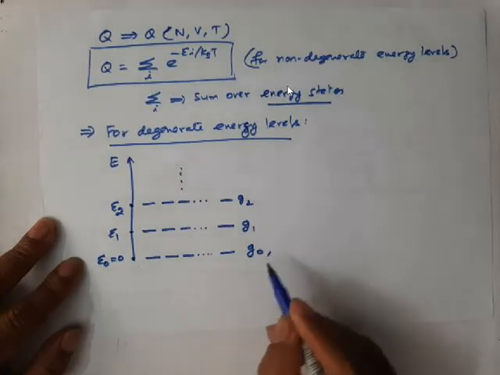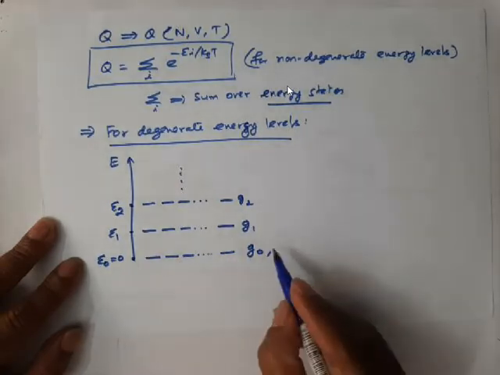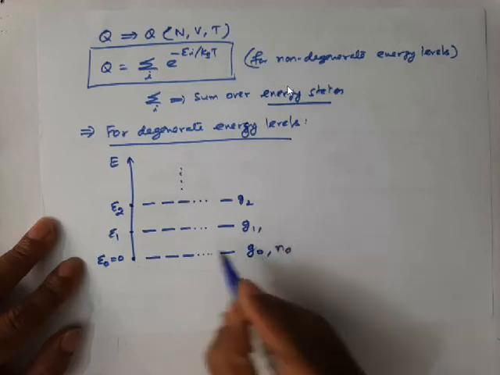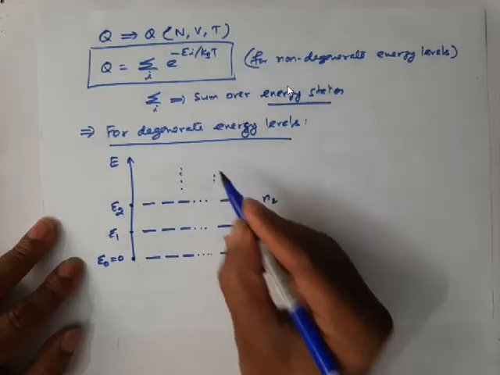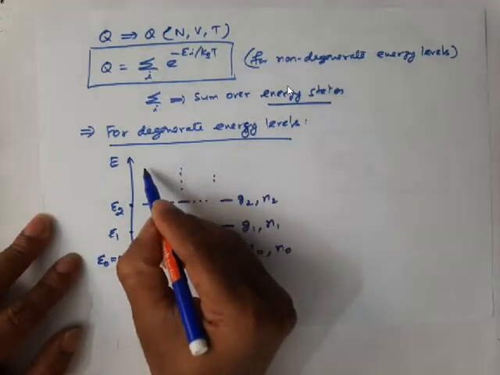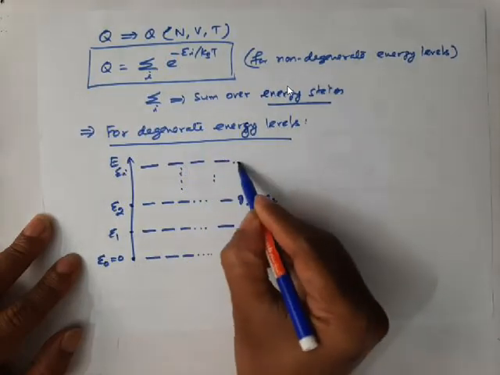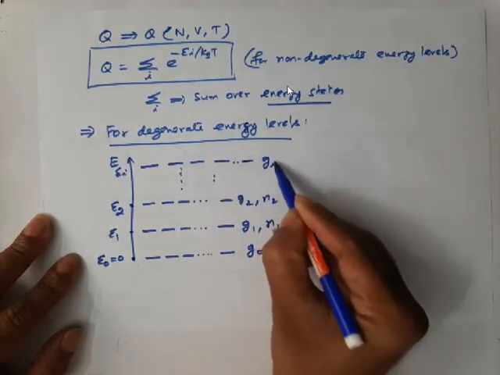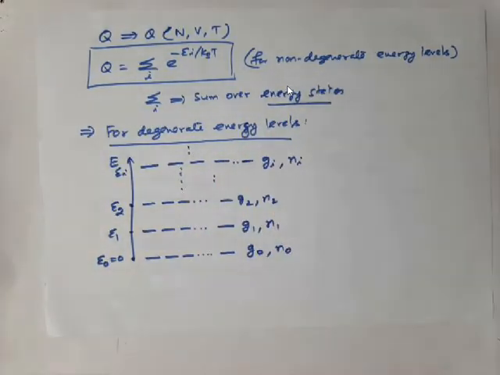Let us assume the number of particles in the ground level be N0, and the number of particles in the first excited level be N1, N2, etc. Similarly, we have some ith level, which has some degeneracy Gi, and the number of particles in the ith level, let it be Ni. Like this, we have many states.